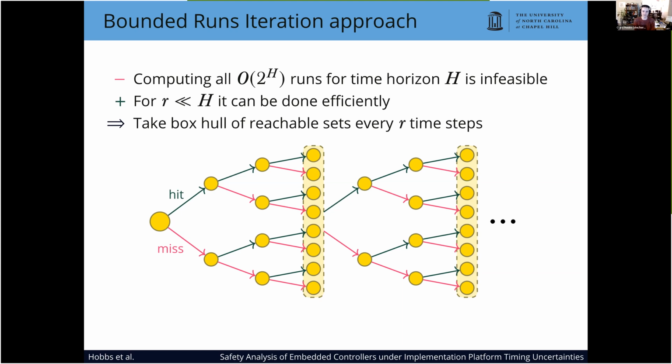So a natural extension of the previous method is the bounded runs iteration approach, where instead of taking single step reachability, we simulate exact trajectories for a small number of time steps R, and then take a box hull of the reachable sets after every R time steps.